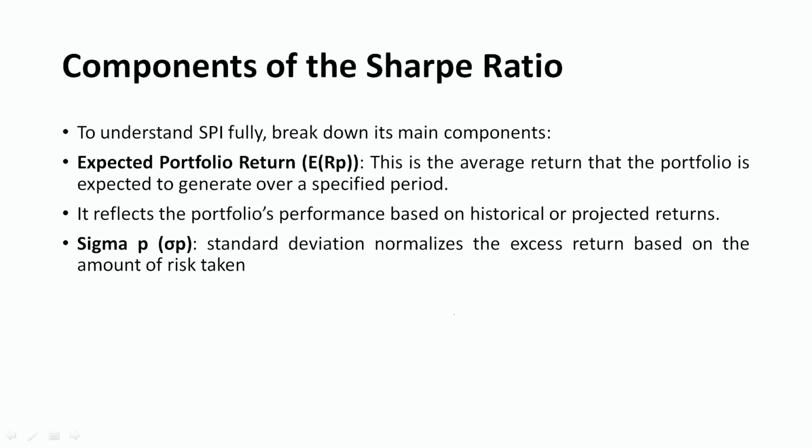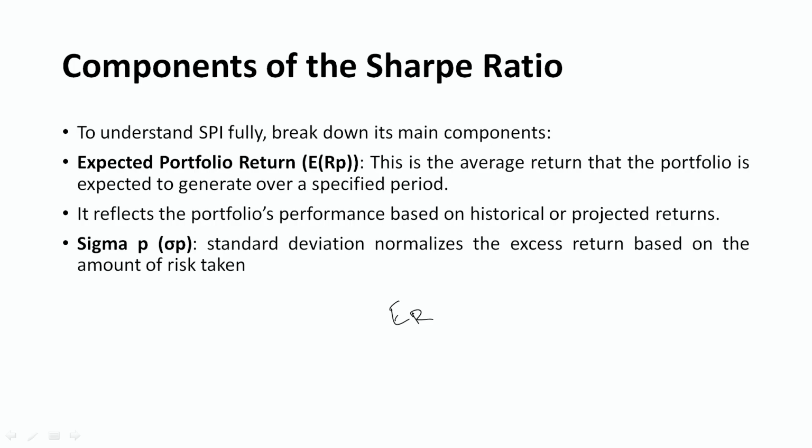Okay. There are different components which we will be using in Sharpe ratio. I'll go into it in a bit of detail. After that, you can understand it. The different terms which we have used over here is the expected portfolio return. So, as in the earlier cases, we have the expected return.